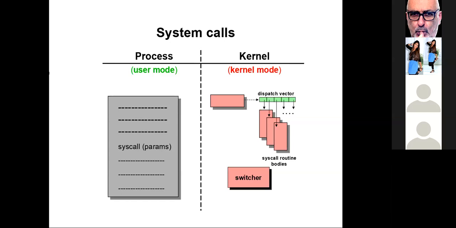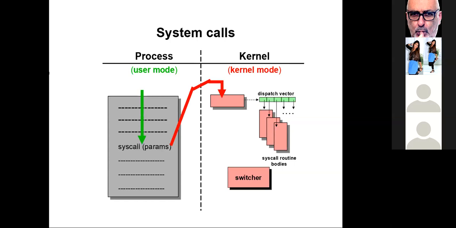System call. In this case, there is a program that is running. Syscall with parameters. It is a function call, so we have parameters. You run your program.